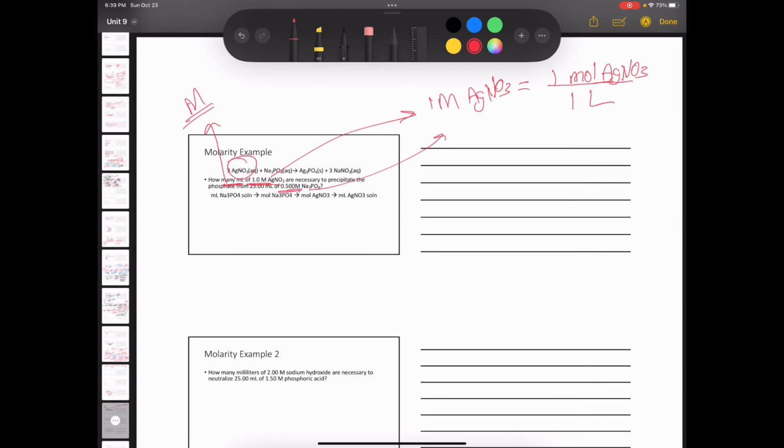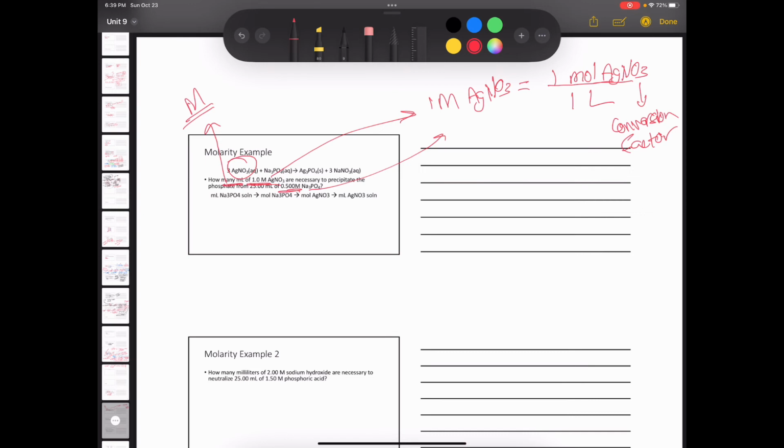So now I can use this as a conversion factor to convert between moles of AgNO3 and liters or milliliters of AgNO3. So this is my conversion factor, to convert between moles of AgNO3 and liters or milliliters of AgNO3.